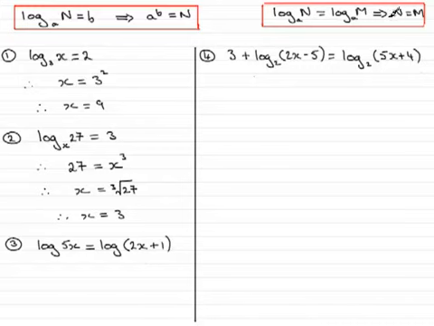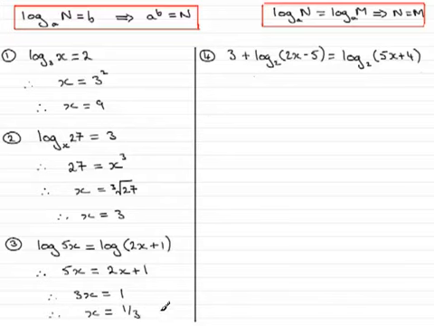So therefore, if we anti-log, it implies that n equals m. So if I apply that rule here, it means that anti-logging gives 5x equals 2x plus 1. And this is a simple equation now, one that we should be familiar with. Just take 2x from both sides and that gives me 3x equals 1. And if I divide both sides by 3, I'm left with x equals 1/3.